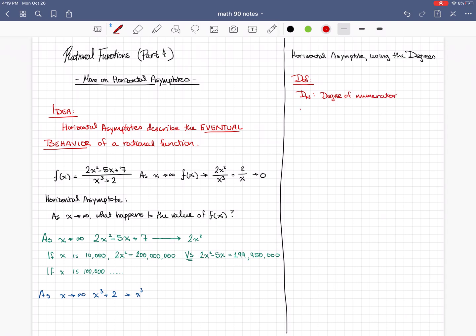And we're going to call d sub d the degree of the denominator. So those are just notations I'm introducing to make it easier for us to talk about this. You can use different notations if you prefer them. Okay, so here goes.